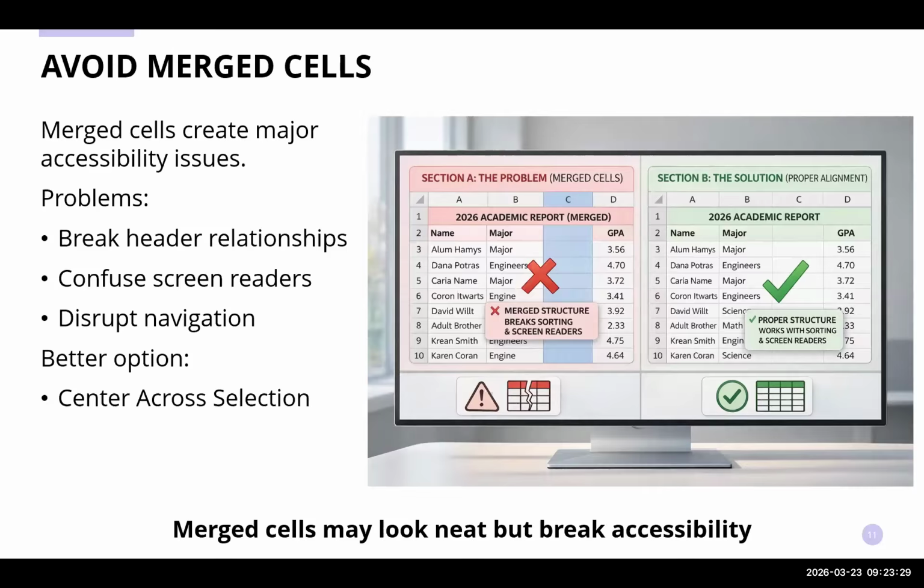By using this alternative, Center Across Selection, you keep your spreadsheet clean, readable, and fully accessible to everyone. So this meets the visual check as well as being accessibility compliant. Next slide, please.